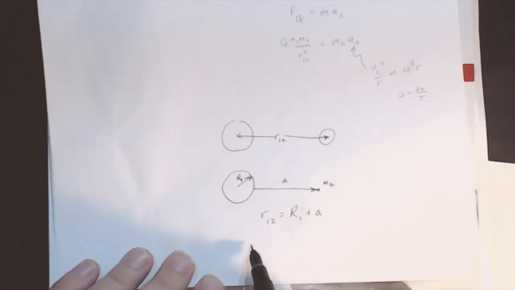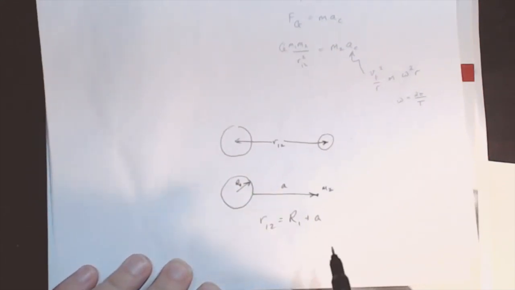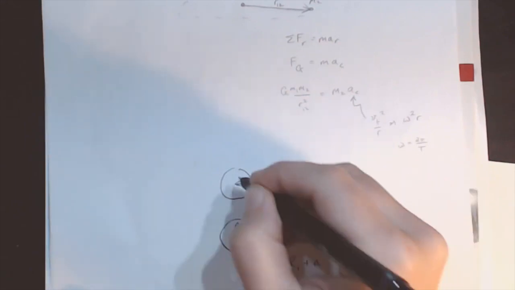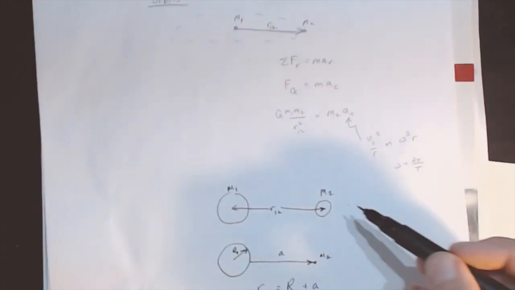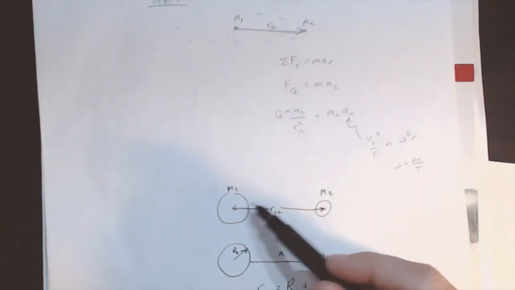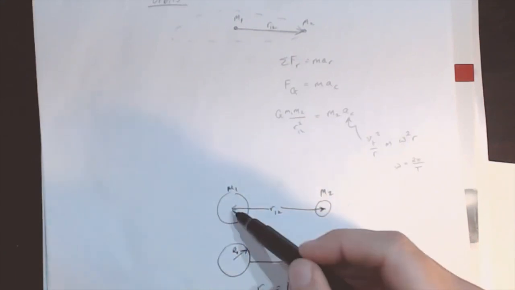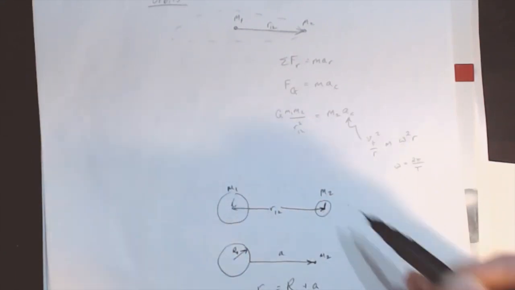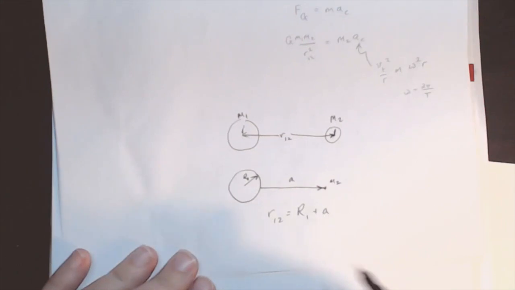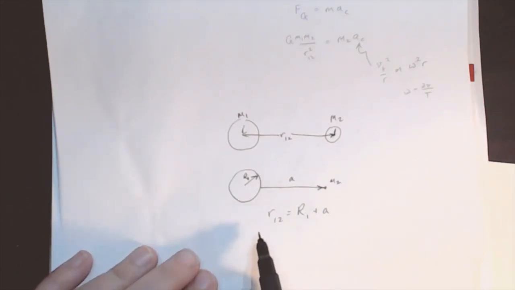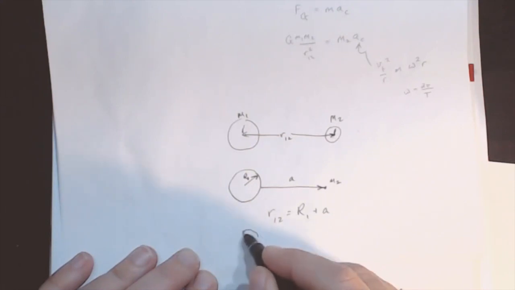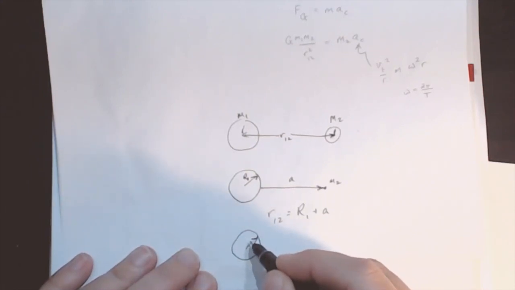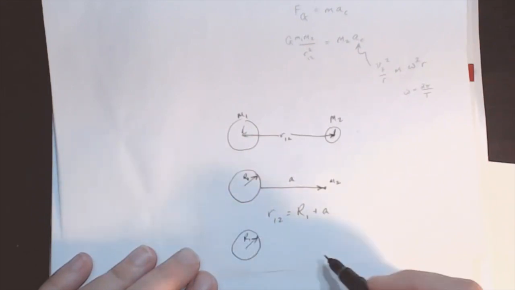Alternatively, you could have been given the orbital radius. If you're given the orbital radius of M2, that is R12. The orbital radius is from center to center by definition. You could be given the information about the distances between these two things as like, okay, you've got a central object with a radius R1.